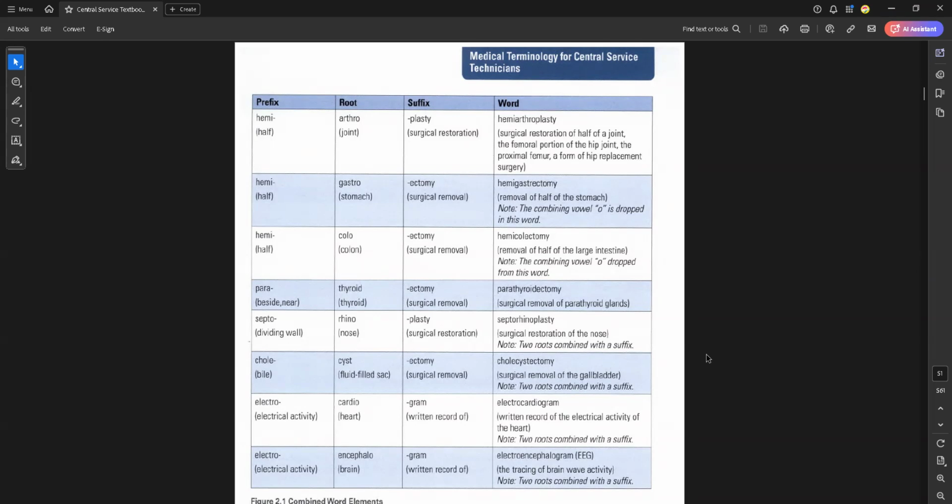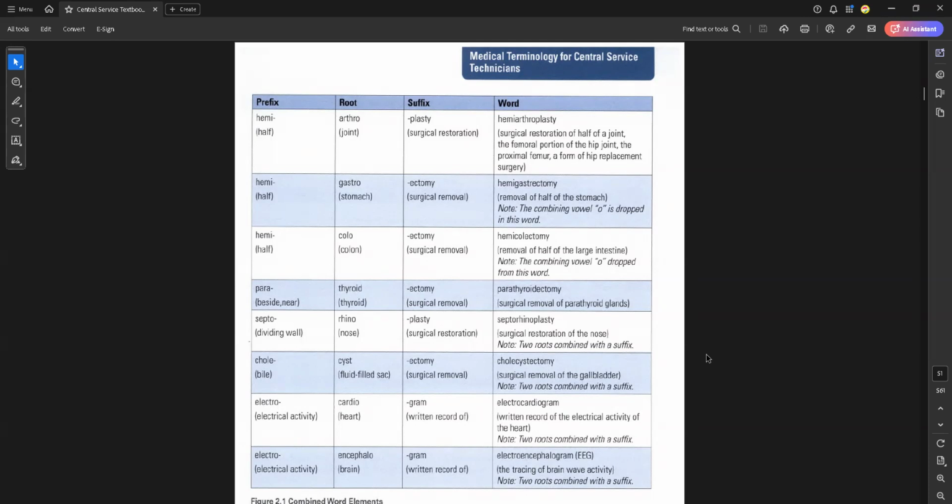Well, this is arthro, and it's also about joint, and all forms fall under orthopedic anyway. So the root here is arthro, which is joint. But which part of the joint? What is happening to the joint? So the prefix comes to help us. Hemi, arthro. Then plasty means surgical restoration.